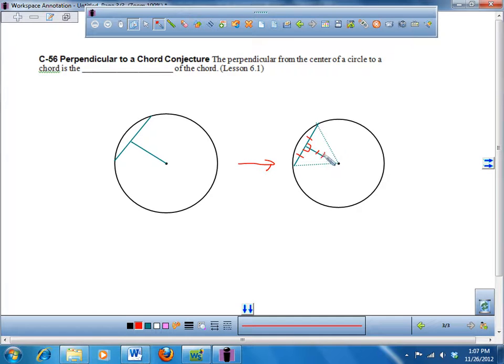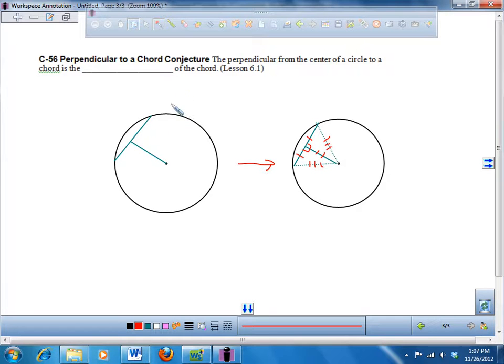This is congruent to itself. These are congruent to each other. And this would be side-angle, which you probably say is not a way to prove triangles are congruent, but if that is a right angle, there's something called hypotenuse-leg, which does allow you to say that those triangles are congruent. But in any case, if it's perpendicular, then it cuts this segment in half.